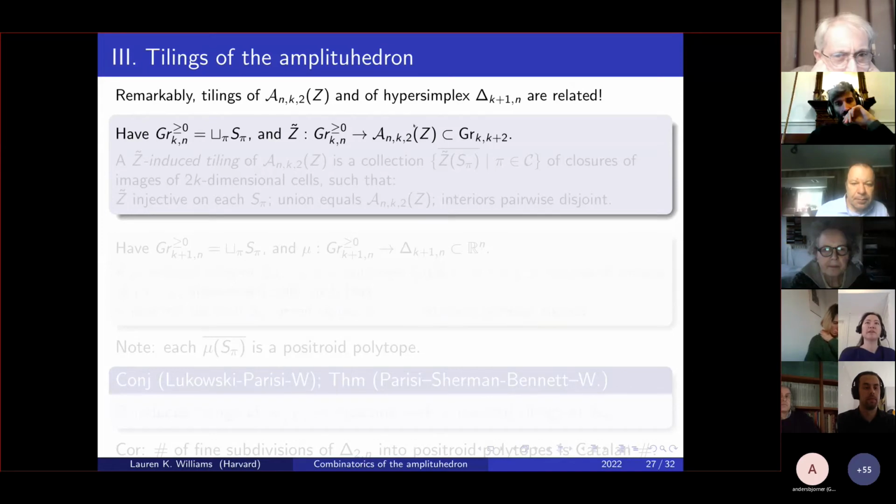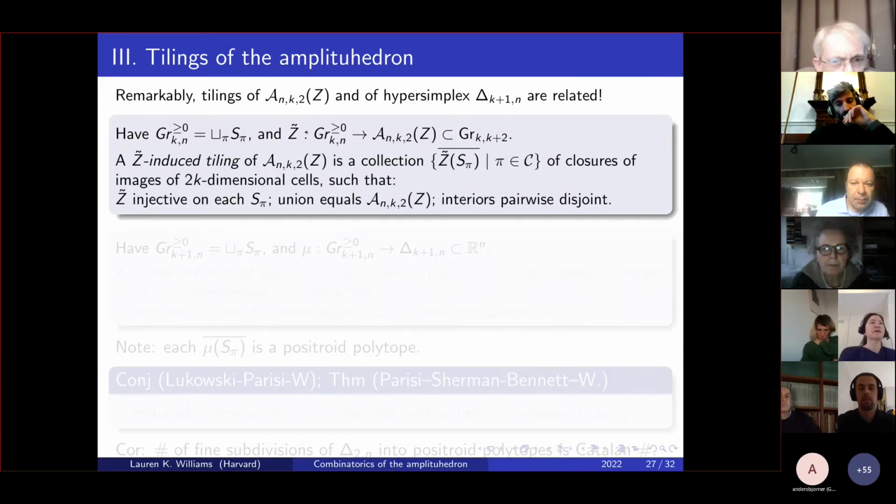So this is a 2k dimensional object. And so a Z-induced tiling of this amplituhedron will be a collection of closures of images of 2k dimensional cells here, such that Z tilde is injective on each of those cells. The union of the pieces in this collection is the amplituhedron, and the interiors of these pieces are pairwise disjoint.